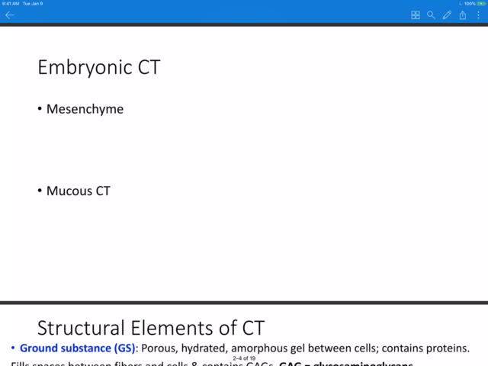And clusters of mesenchymal cells are spread also throughout adult tissue and can be used to repair and replace connective tissue when it's damaged. Now there's a second type of embryonic connective tissue that forms in the umbilical cord. Sometimes it's called Wharton's jelly, but it's also known as mucous connective tissue. And this is a connective tissue that's no longer present after birth, unlike mesenchyme.